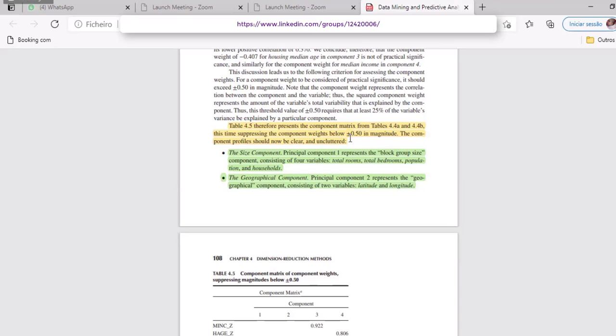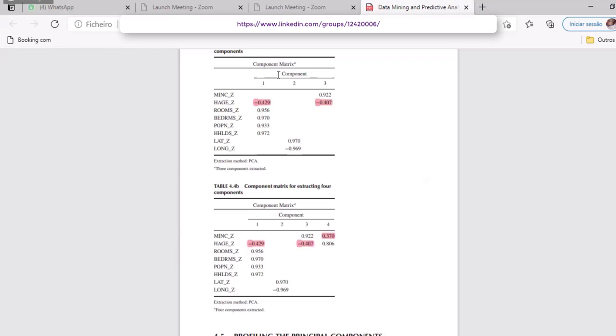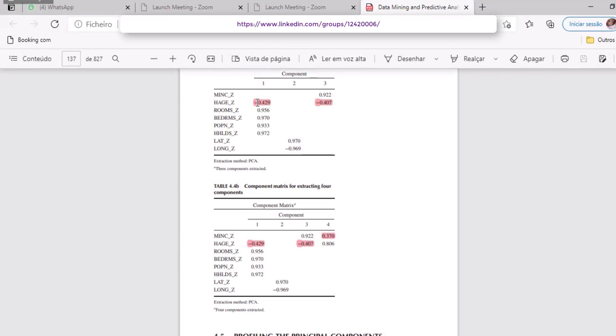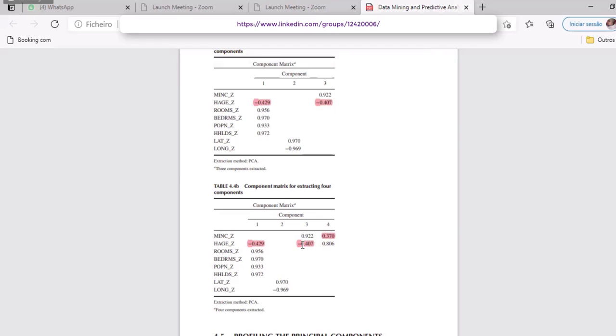So now we are going to look at the magnitudes, which are here in this table. The magnitude of the importance of each variable in each component. And we are going to see that according to the graph and according to this table, we should settle a value of 0.5 to exclude these variables from the components.